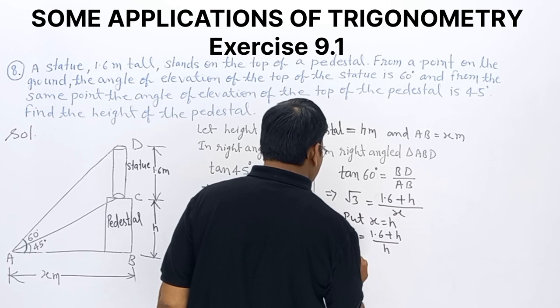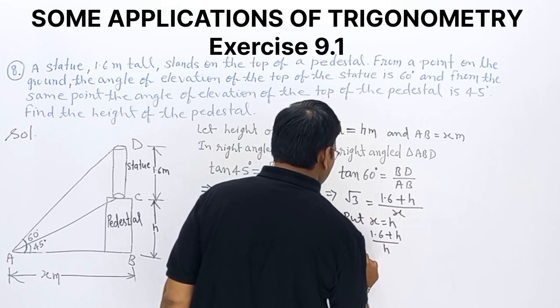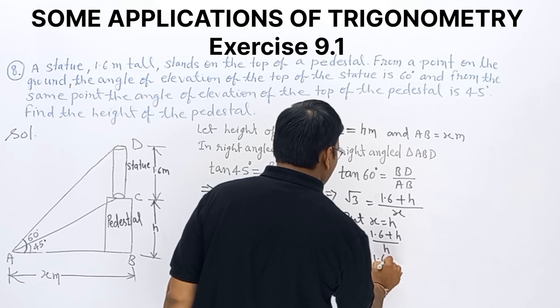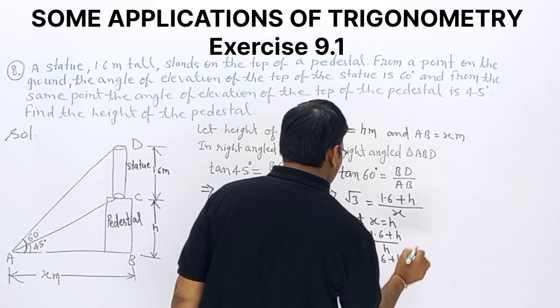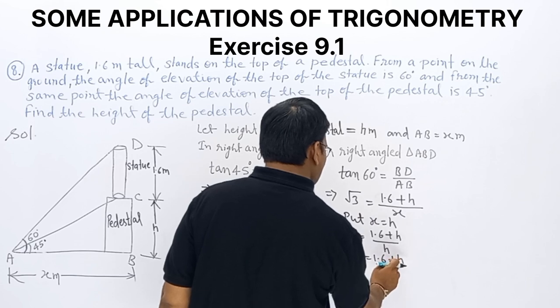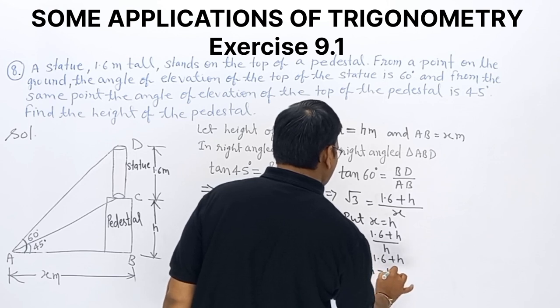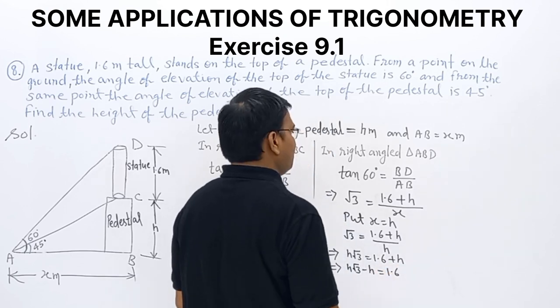Multiplication I am doing. H times square root of 3 will be equal to 1.6 plus H. Now transposing this towards the left, we can say H square root of 3 minus H will be 1.6. Observe.